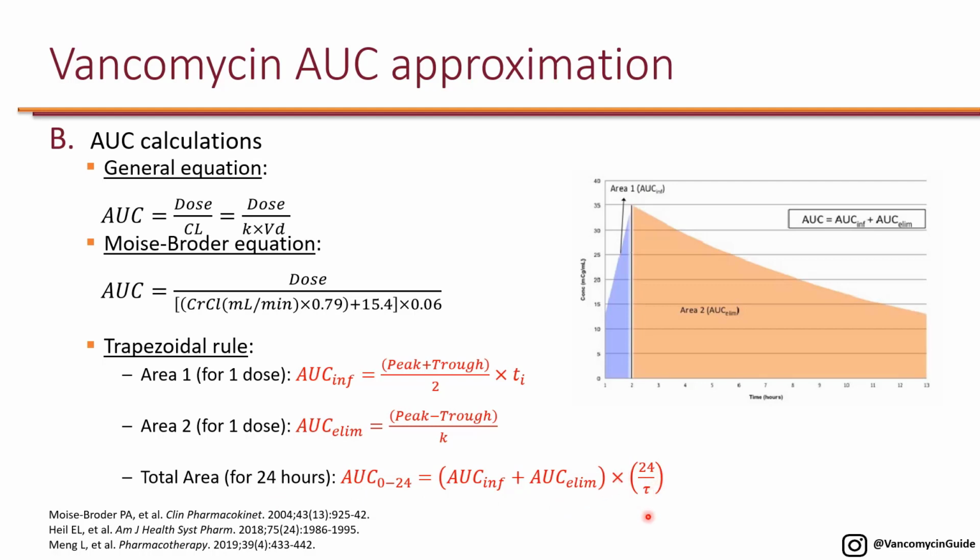For example, if your tau is 8, because you're giving the dose every 8 hours, 24 divided by 8 would be 3. So you multiply this AUC by 3, and that gives you the AUC for a 24-hour period. On the other hand, if you're dosing every 24 hours, your tau is 24, so this basically cancels out. So these two areas will give you the AUC.